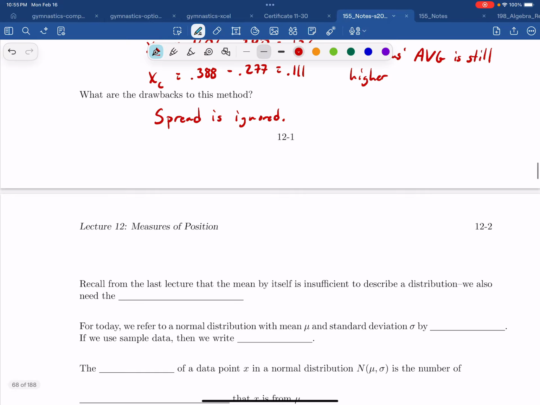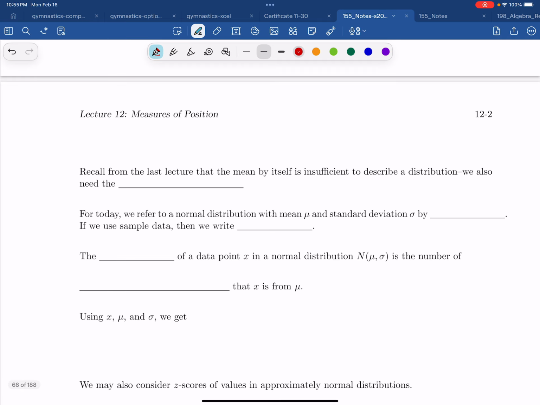Well, how much could spread really affect this? Well, let's define a new term. If we just consider the mean without the standard deviation, that means only so much.